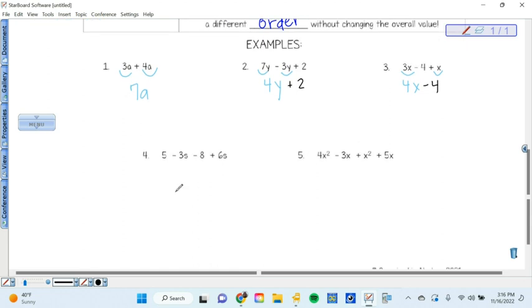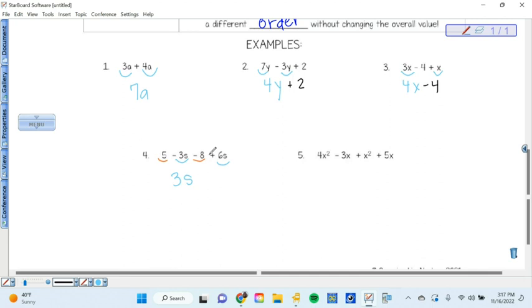Okay, number 4, what are my like terms? 3s and 6s, and what else? 5 and 8. So when this is a positive 3s or a negative 3s? Negative 3s plus 6s gives me 3s.